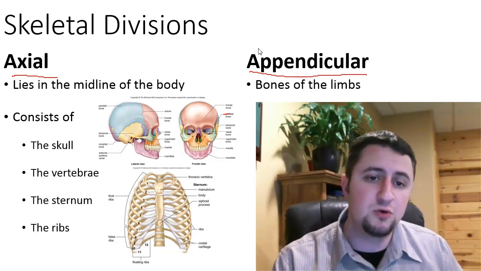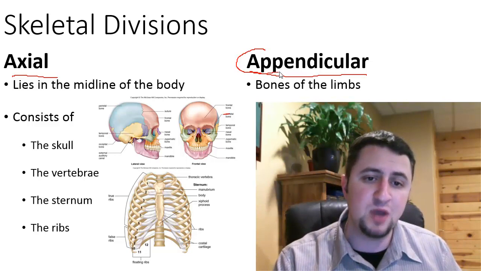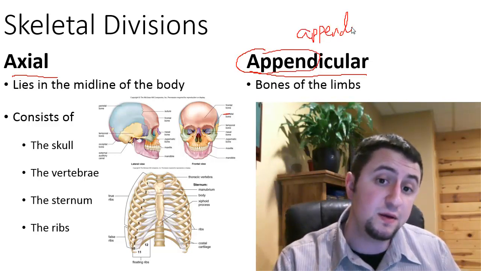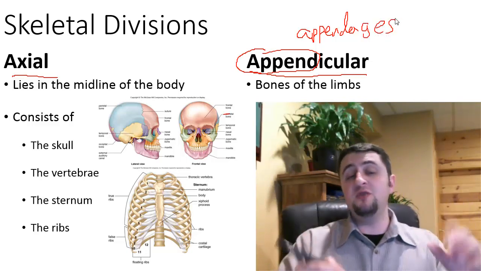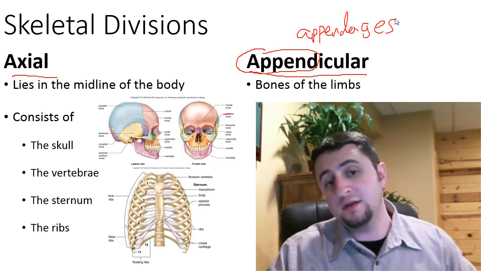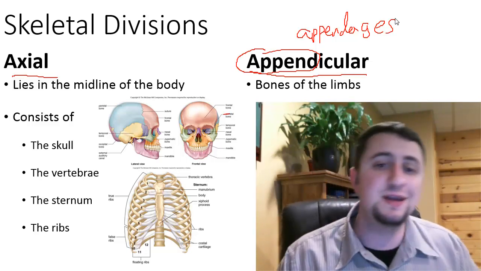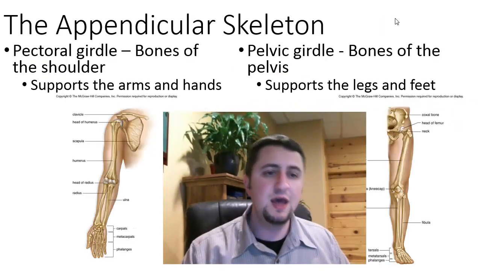Use your root words here. Think of appendages. You have 4 appendages in your body, 2 arms and 2 legs. The appendicular division of your skeleton is your arms and legs.